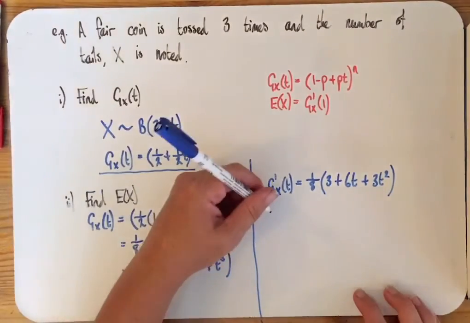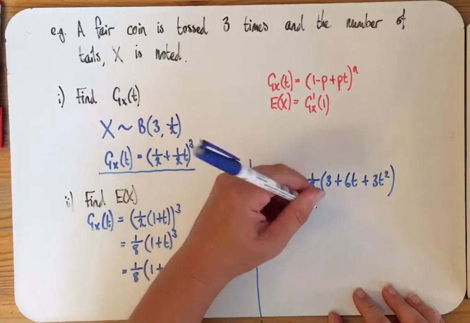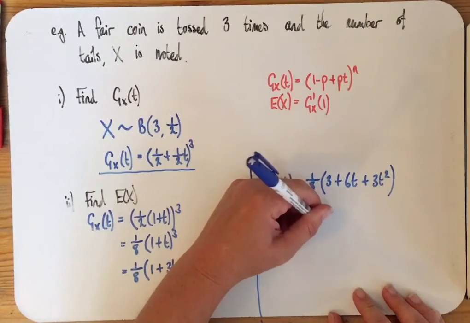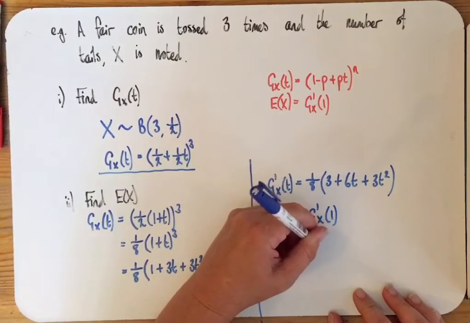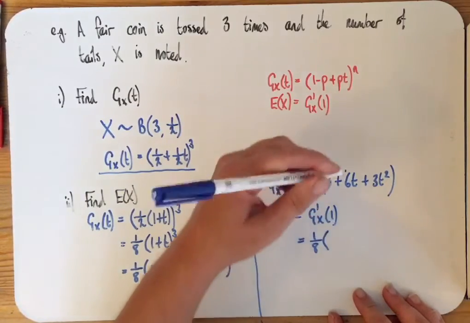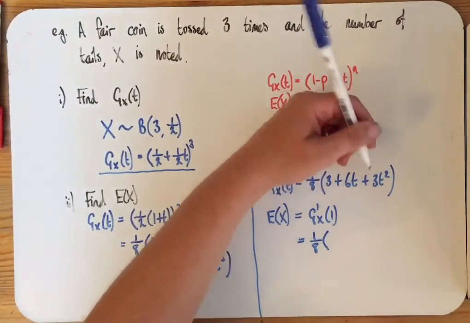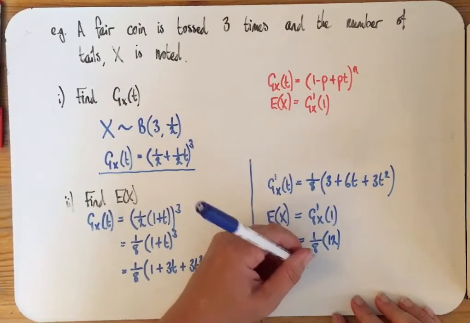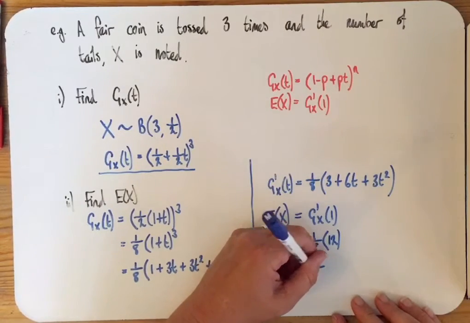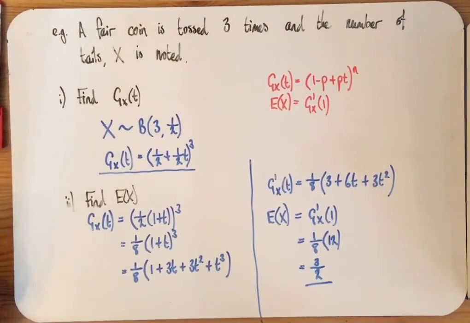And so the expectation of x is equal to the probability generating function derivative with 1 fed through. It's 1/8, and then 3 plus 6 plus 3 gives me 12. So I get 12 over 8, which is equal to 3 over 2 for the expectation.